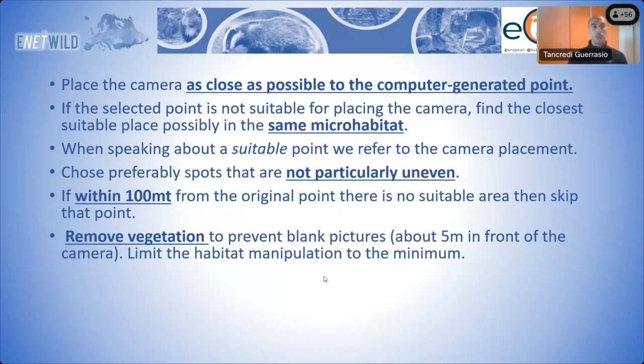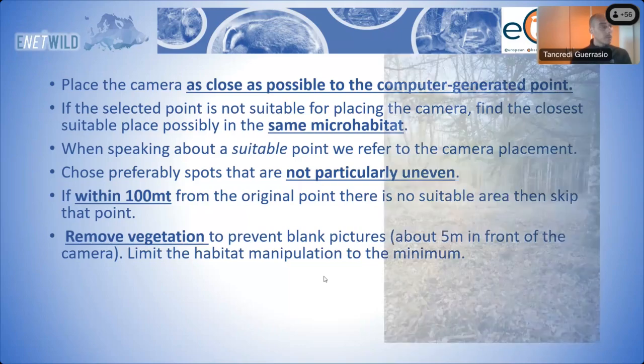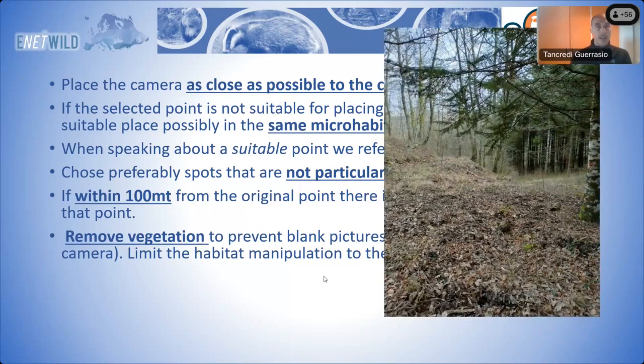There we're just going to cut the big branches that might activate the camera, or small bushes or things like this that would for sure activate the camera a lot and would fill up our memory card with many blank, so empty, pictures. For example, here you have the site of a camera placement where there was not so much need to remove vegetation, but this was reduced to the minimum.